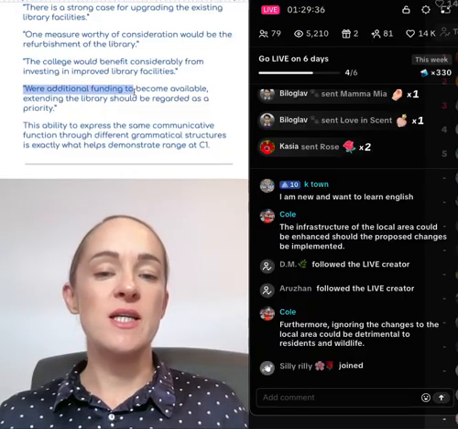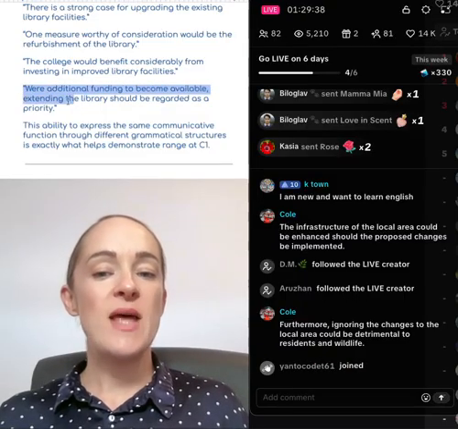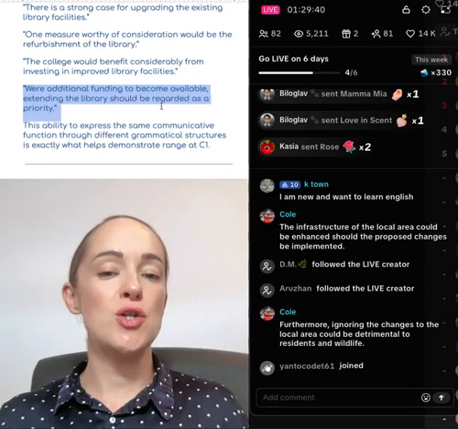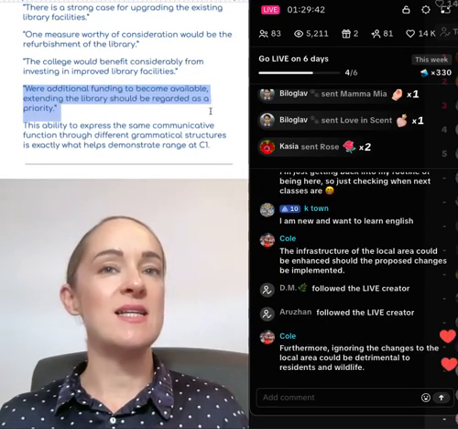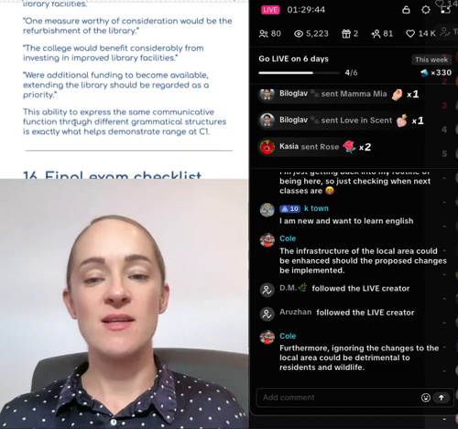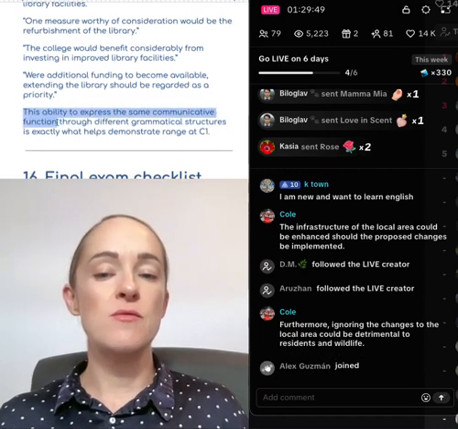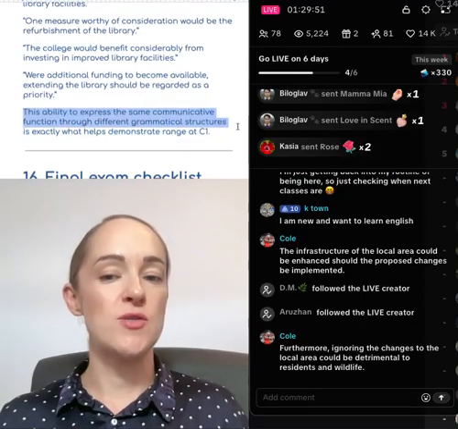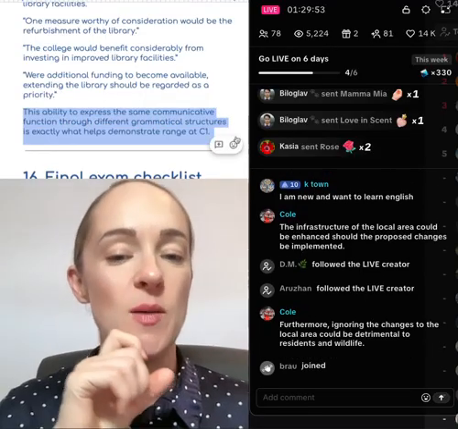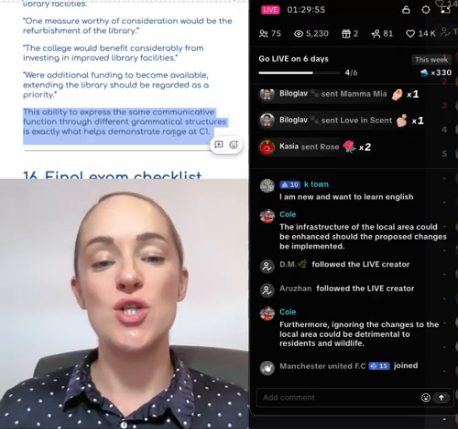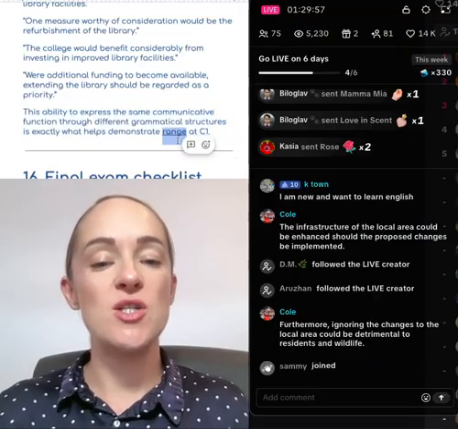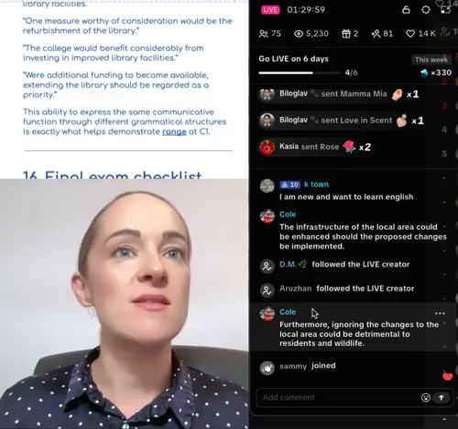Were additional funding to become available, extending the library should be regarded as a priority. So this ability to express the same communicative function through different grammatical structures is exactly what helps demonstrate range at C1. And range is what gets you more marks.